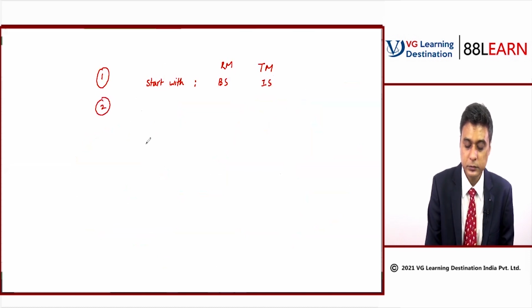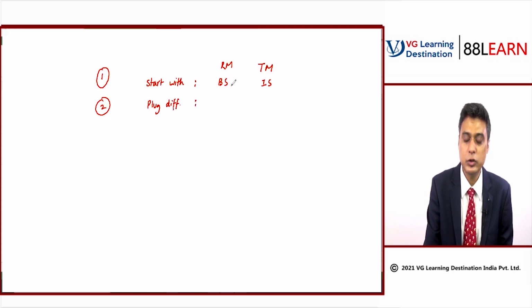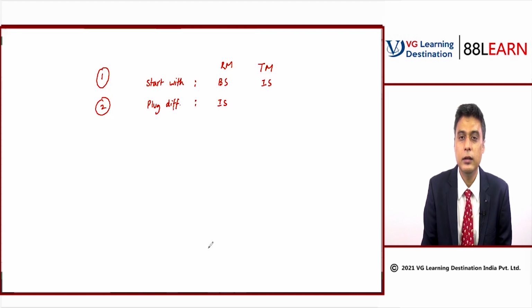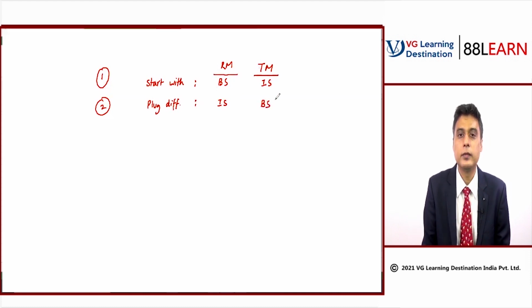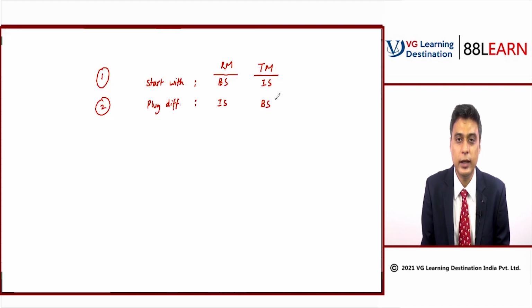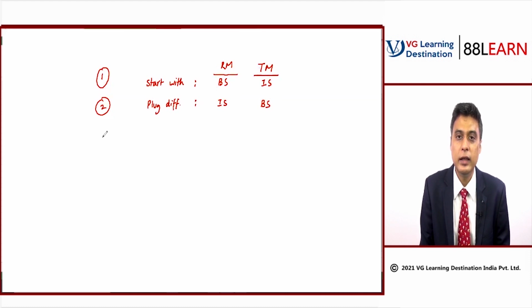Number 2, we plug the difference. In the remeasurement method, we plug the difference in the income statement as a remeasurement gain or remeasurement loss. In the translation method, we plug the difference in the balance sheet under AOCI. Correct? Those are basically the two main differences.